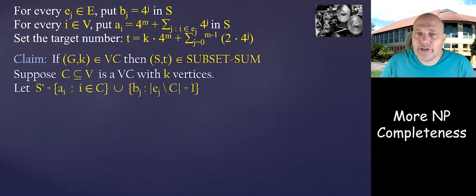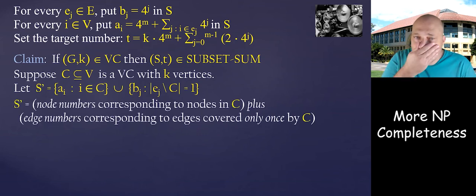And I'm going to add to them all the edge numbers that correspond to edges touched by the vertex cover once. So the vertex cover can touch these edges twice or once, but not zero, because otherwise it wouldn't be a vertex cover. And I'm going to take those that it touches once.